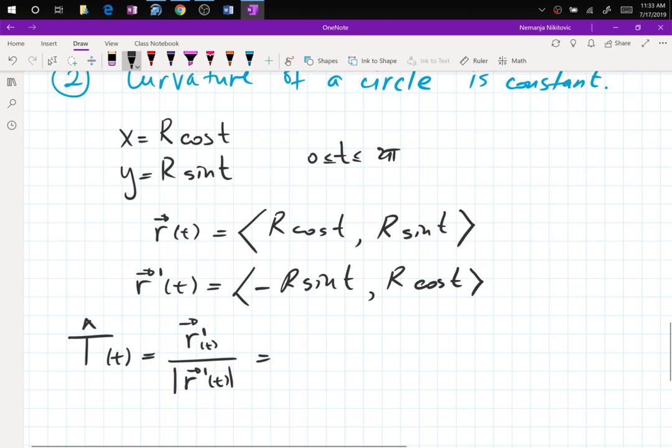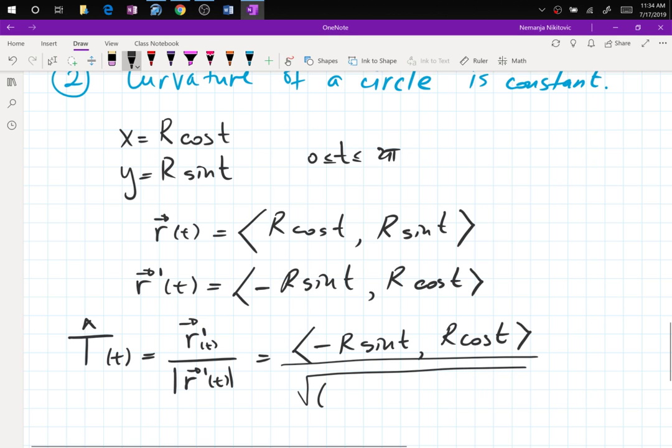So r prime of t is negative r sine t, r cosine t, so that was just copy, and then that gets divided by the magnitude, which is negative r sine t everything squared plus r cosine t everything squared.